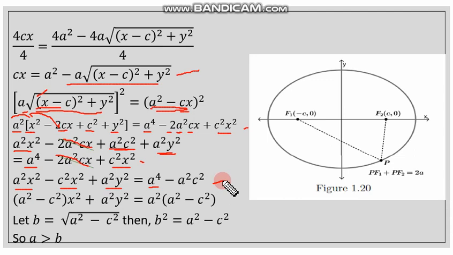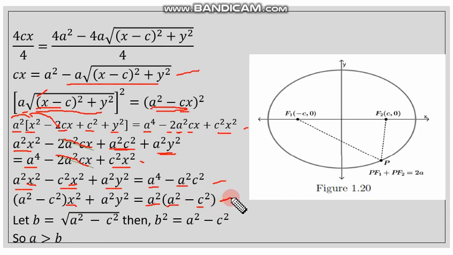Next step is to factor out the common term, which is x squared, so what is left is (a squared minus c squared) times x squared. Then copy this one, a squared y squared. On the right side, the common factor is a squared, so factor out a squared. a raised to the 4 divided by a squared is a squared. a squared c squared divided by a squared is c squared. So minus c squared.